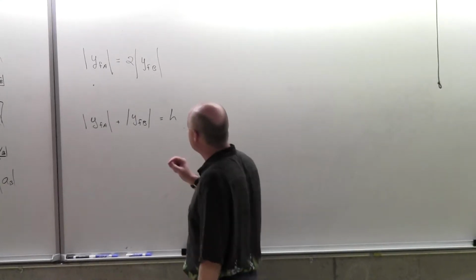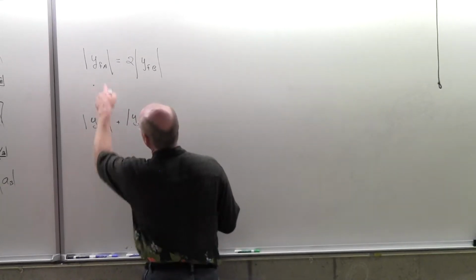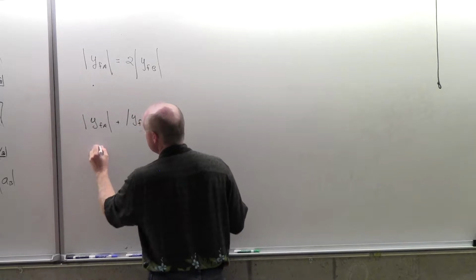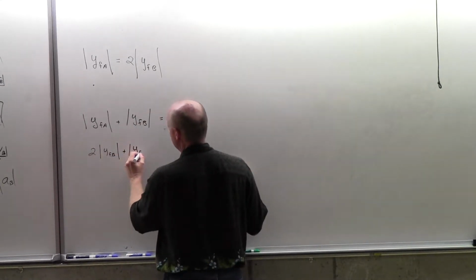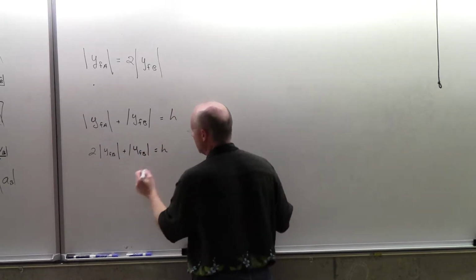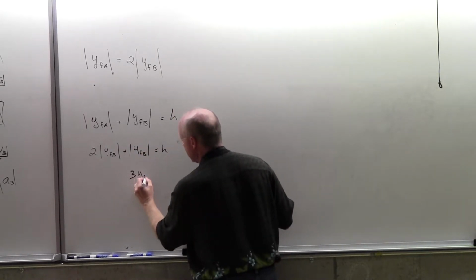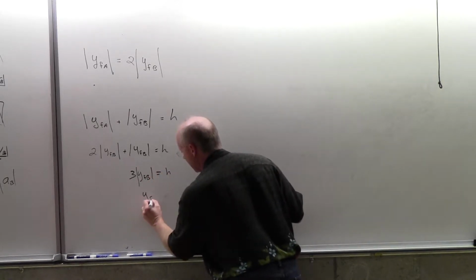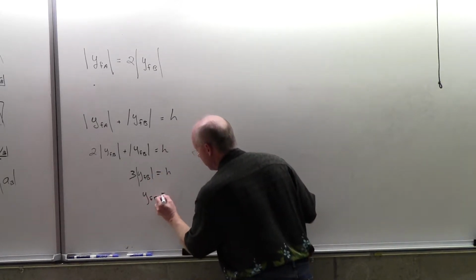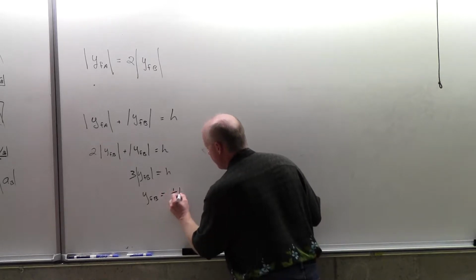So putting that together here, maybe this one here, is twice the absolute value of B plus the absolute value of B is H. So 3 times the absolute value of B is H. Or put another way, the absolute value of B is 1/3 H.